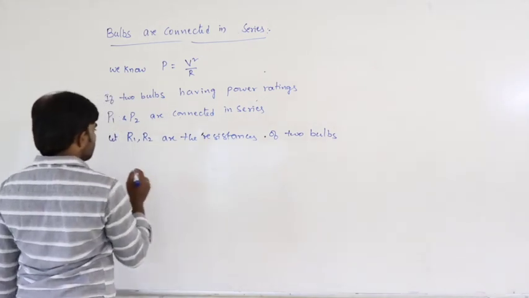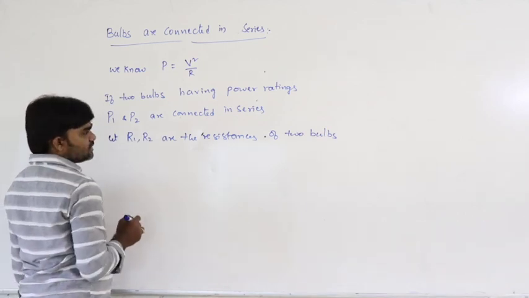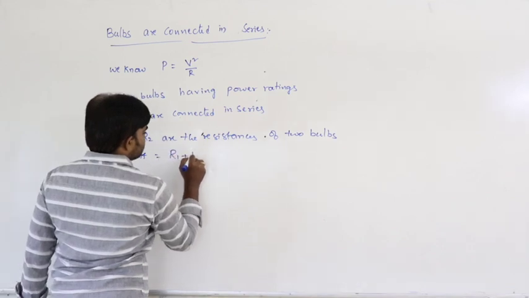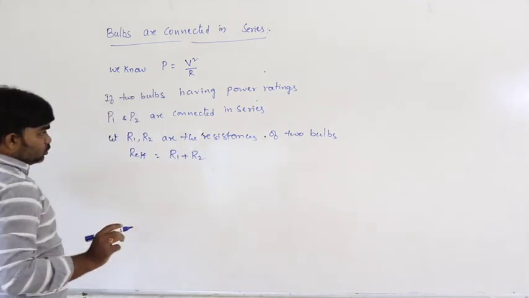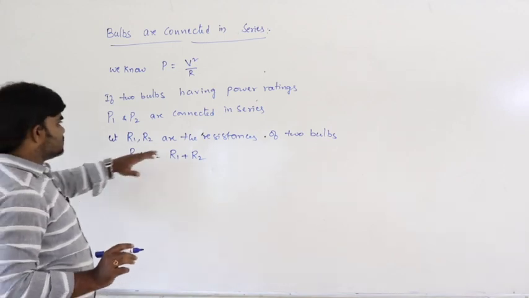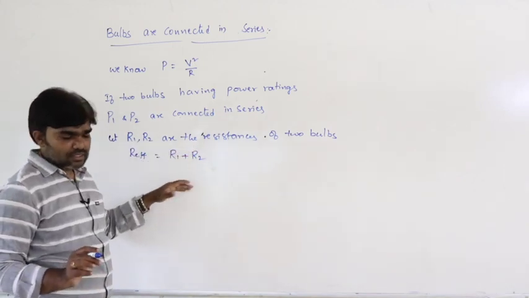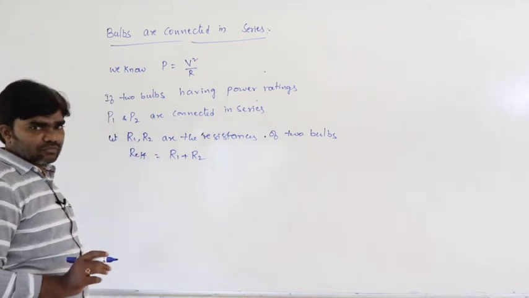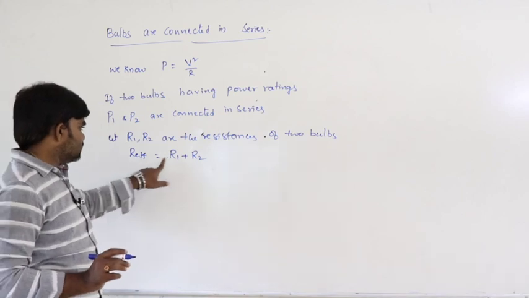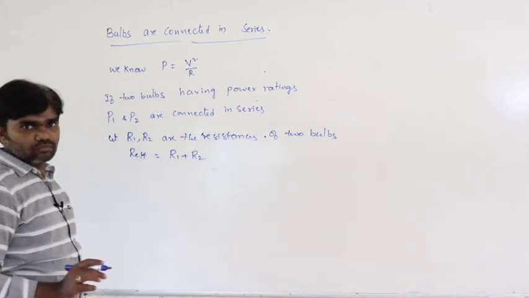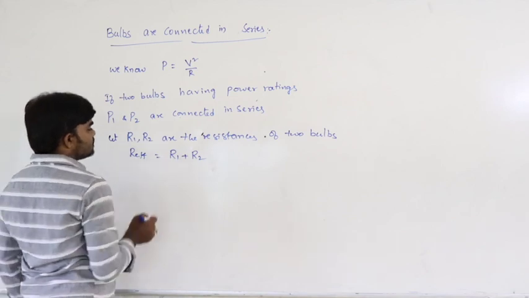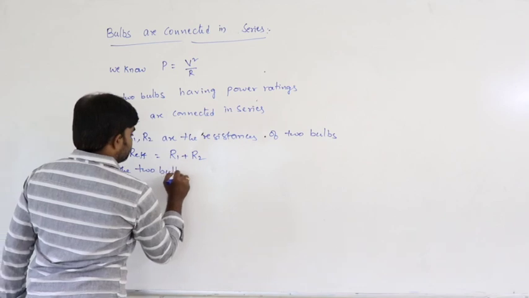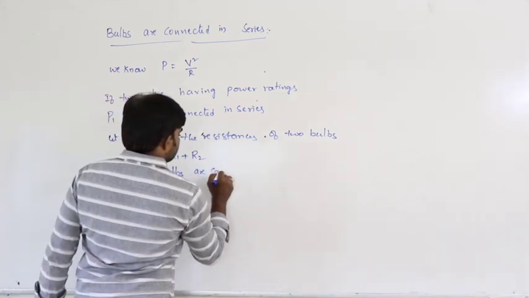Now in this situation, if two bulbs are connected in series, R effective can be written as R1 plus R2. If two bulbs are connected in series having resistances R1 and R2, effective resistance is equals to R1 plus R2, no doubt about that. Because the resistances are in series, the two bulbs are connected to the same potential.